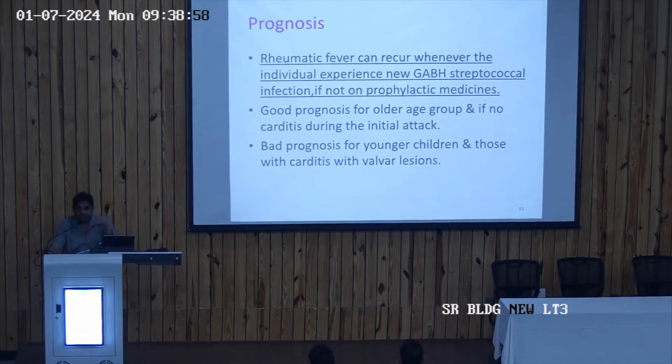So if a patient has carditis in childhood, they have a bad prognosis and may have to go for mitral valve replacement or other heart failure management. But if the cardiac involvement occurs in the adult phase, they have a good prognosis.